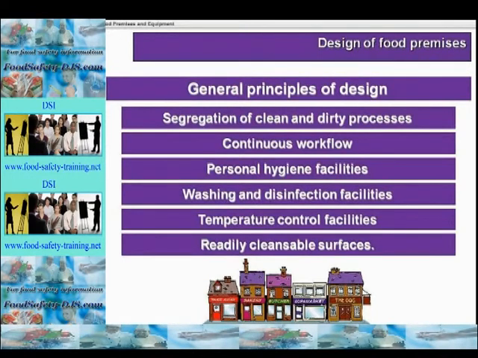Personal hygiene facilities should be appropriate to each process area, and washing and disinfection facilities positioned where appropriate. Temperature control facilities provided and positioned where appropriate, and readily cleansable surfaces suitable for disinfection when necessary.